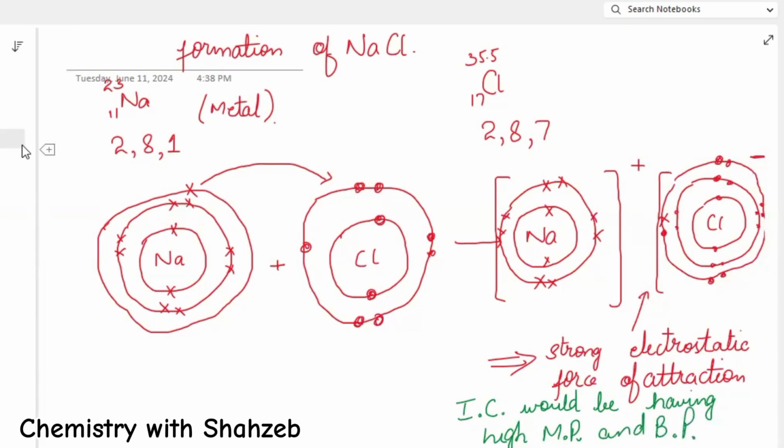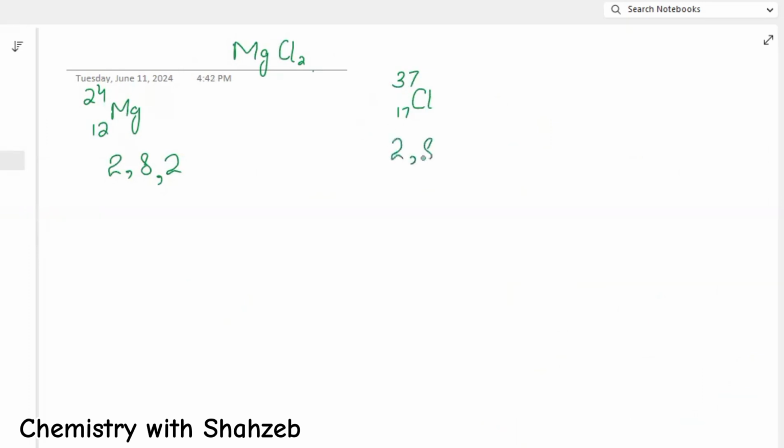Now, let's move towards the next thing, and that is the formation of magnesium chloride. Magnesium is 12, 24. Its electronic configuration is 2, 8, 2. And we know chlorine is 17, with mass 37, so its configuration would be 2, 8, 7.